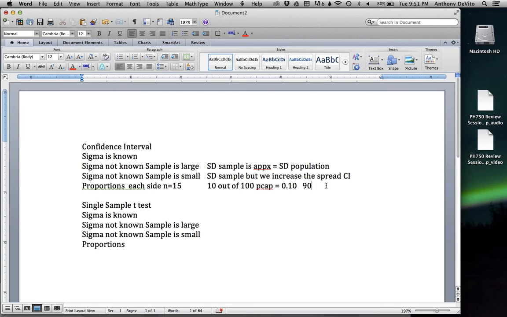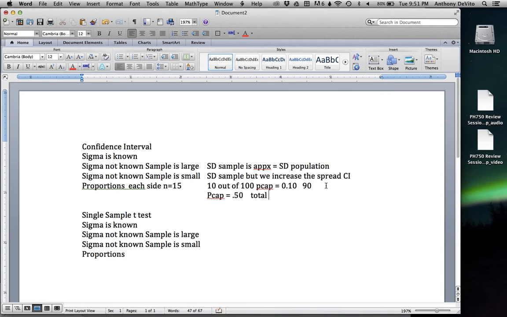Okay, I'm going to take the same situation, except this time I'm going to look at a situation where the p cap is equal to 50%, right? Except this time my total sample size is equal to 40 people, right? Sample size over here was 100 people.